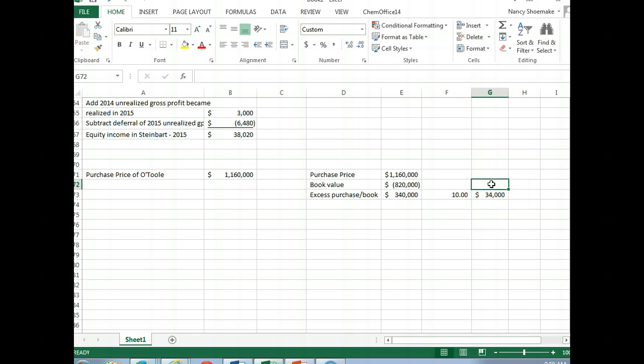So this is the annual amortization, and this is the life, number of years remaining. We needed to figure that out to figure out how much we need to reduce each year from the investment.